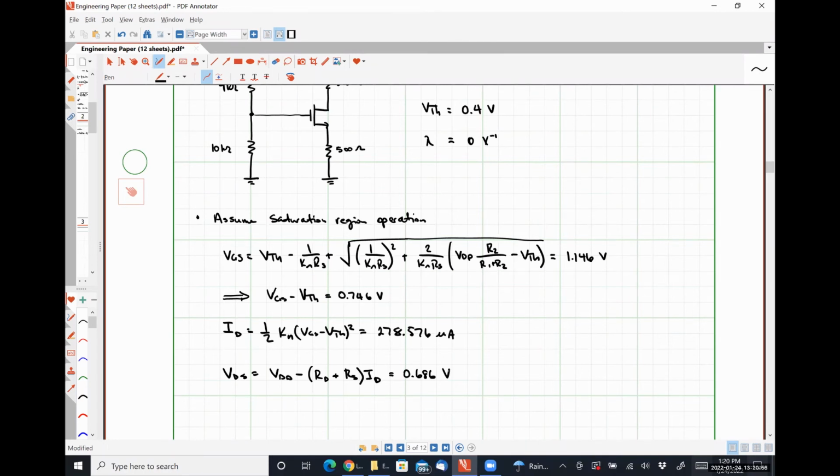For saturation region operation, VDS, 0.686 volts, needs to be greater than or equal to VGS minus VTH. 0.686 is less than 0.746, so we were wrong. Is that clear? Okay, because you're gonna have to do this literally every time. So it needs to make sense as to why we're saying we were incorrect.